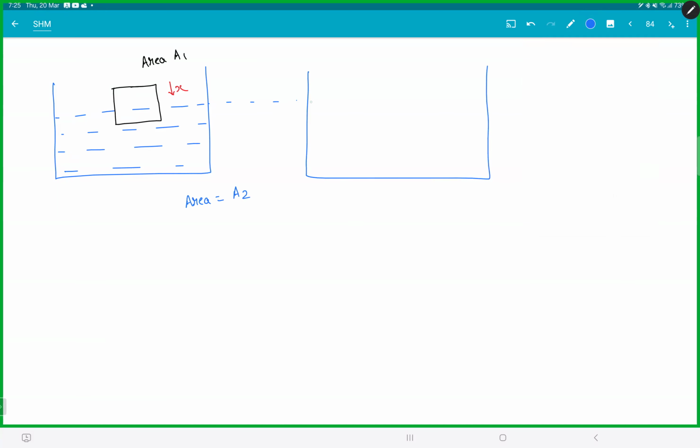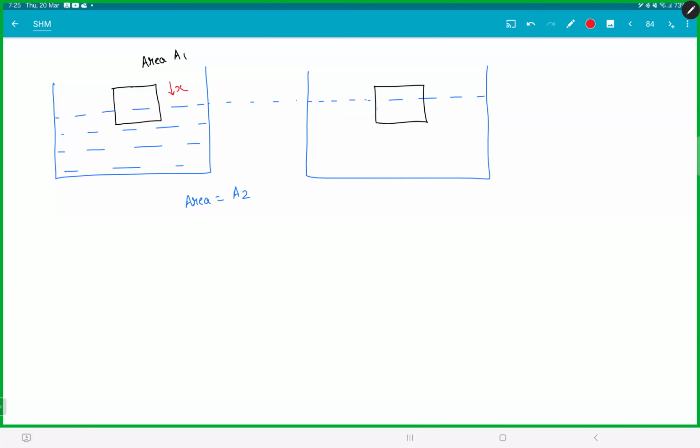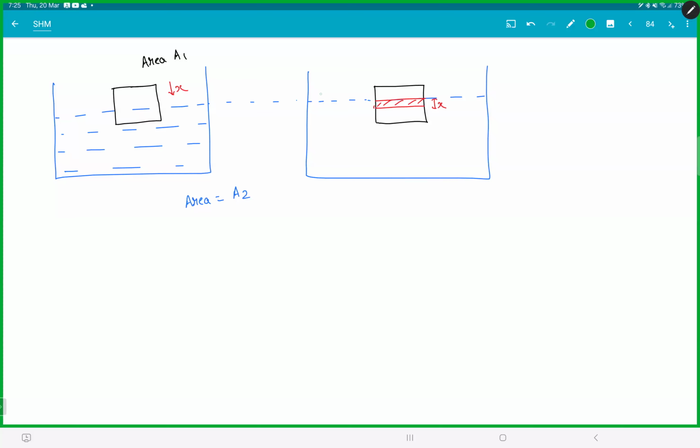From this level, this block will go X inside. But because you pushed it down, the liquid will get displaced and you get extra depth here. That will be another Y. This is the liquid rises up.